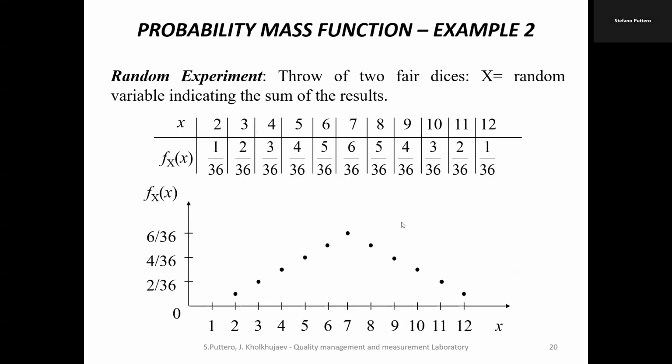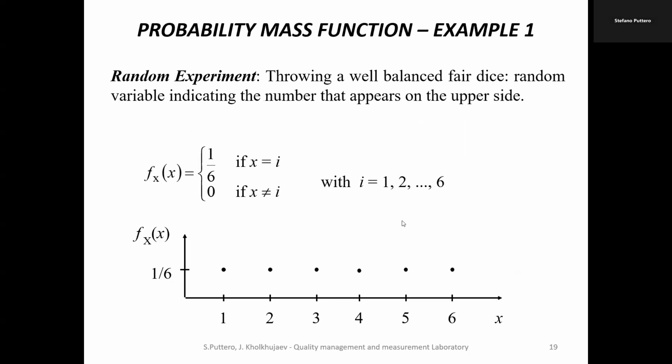So if we come back to our example, it's quite obvious, since when we throw a balanced fair die, each mass point has a probability of 1/6.